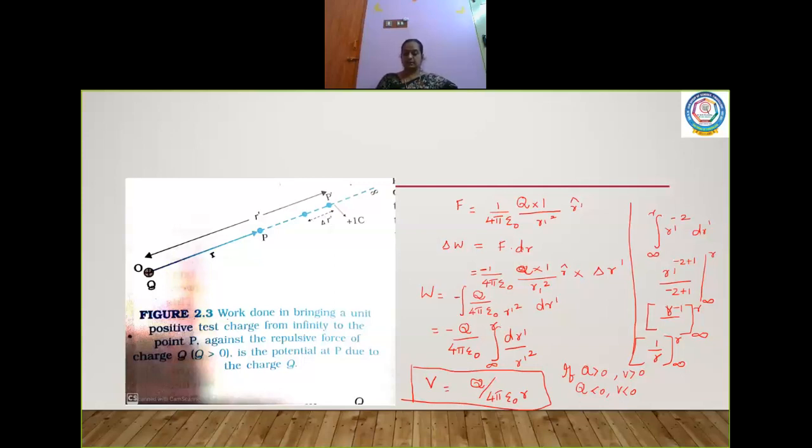It is nothing but the work done per unit positive test charge in bringing from infinity to a particular point is considered to be negative, whereas in this case the work done, I said, is positive. What about here? Here the work done will be negative, but the work done by the electrostatic force will be positive.